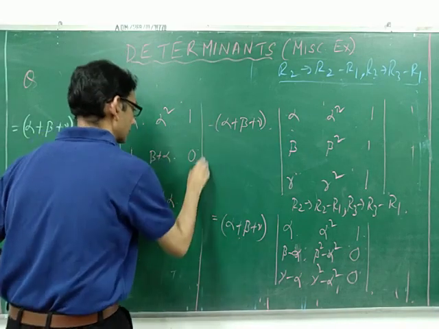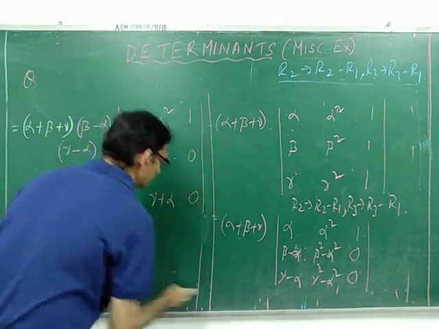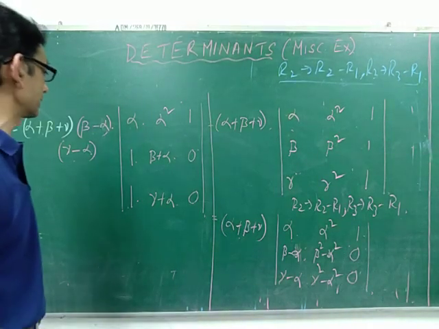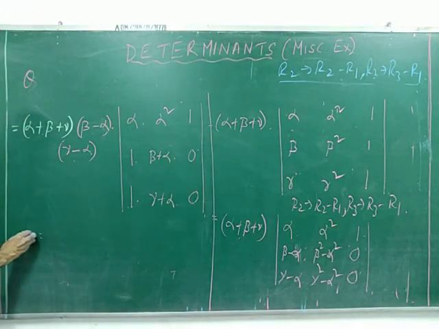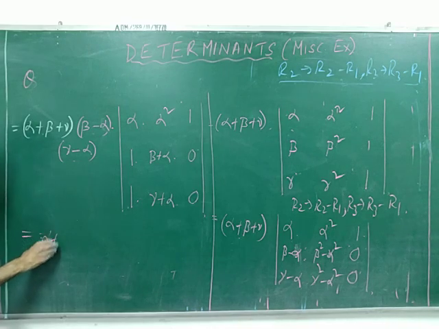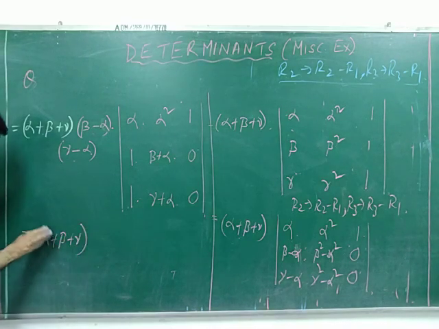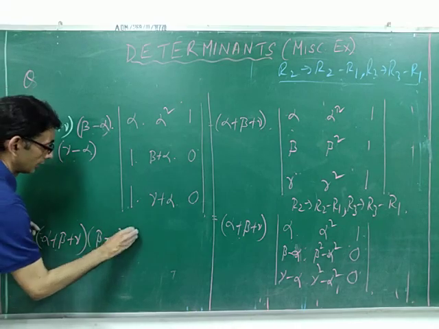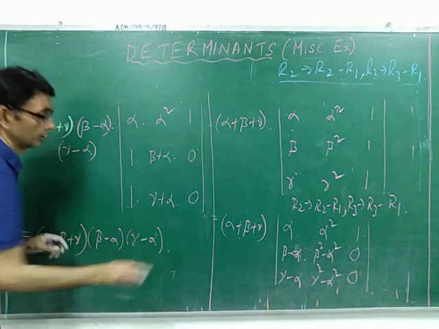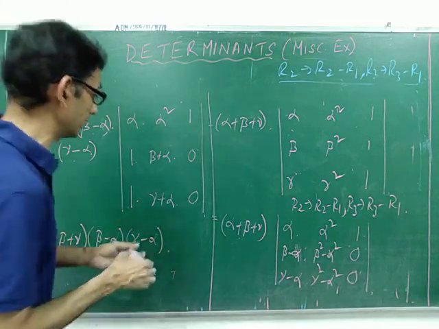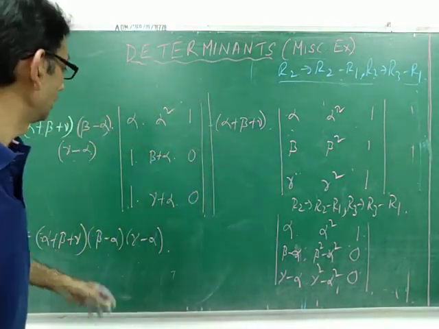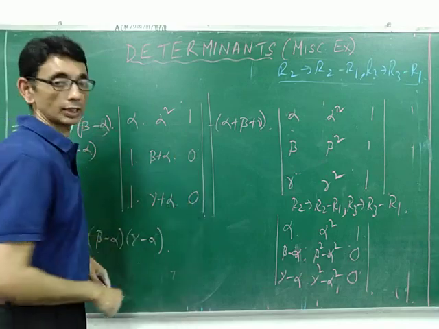Okay, we can write the steps like this. This is the determinant, right? Now we will expand this. How do we expand this? The next step is alpha plus beta plus gamma, and this is beta minus alpha and gamma minus alpha. If you want to expand, we'll expand along the third column.